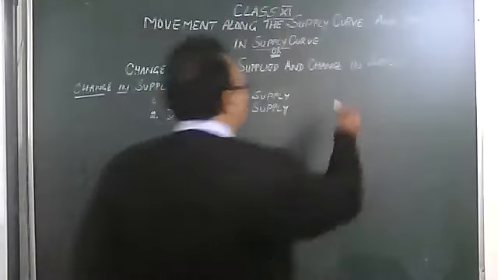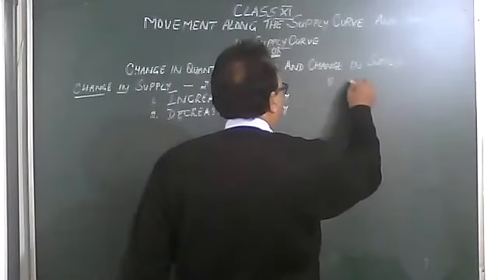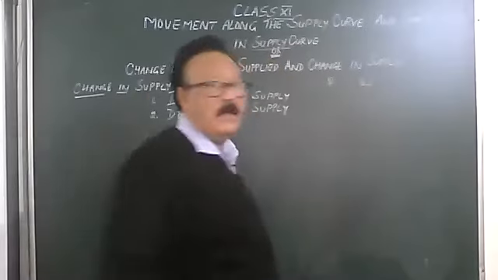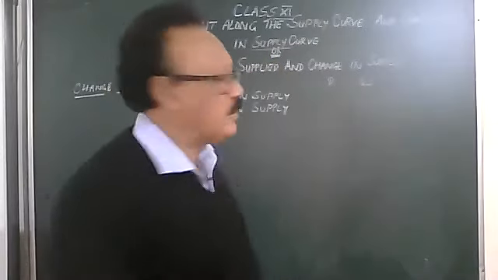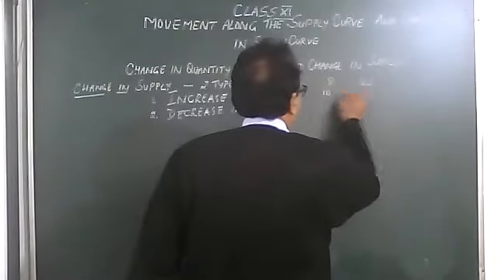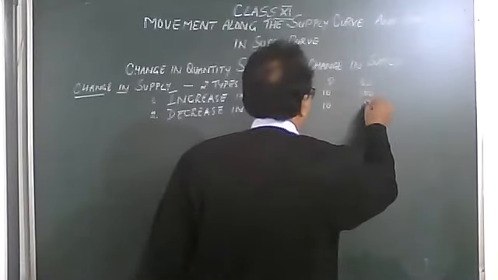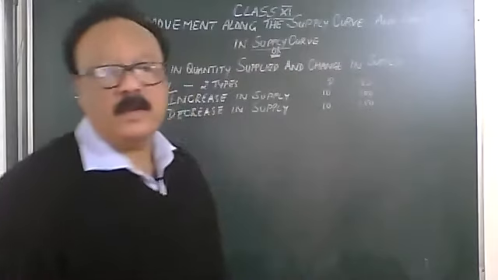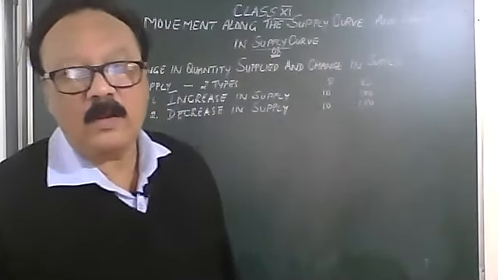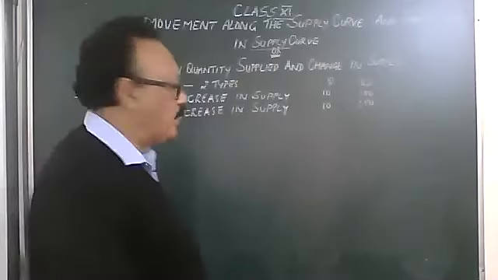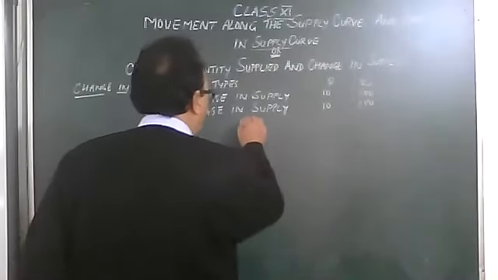For example, we'll say price and quantity supplied. Let's say when the price was 10, he was willing to supply 100. Price is still 10, but then he is willing to supply 150, not because of its price, but because of the other factors. So in this case, we will get a new supply.